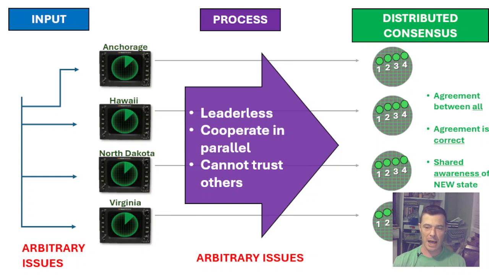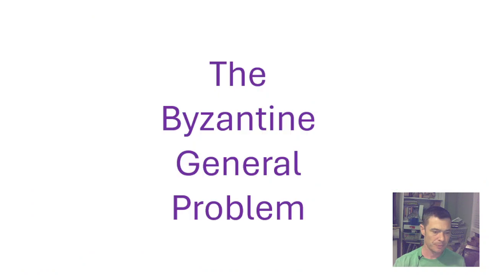We may have bad or faulty inputs, and then we go through this process to cooperate together. There's no leaders, we can't trust each other, and we have about the broadest possible definition of things that can go wrong that we have to account for. So that's what this problem is talking about: how do we stay in consensus given all of these challenges?